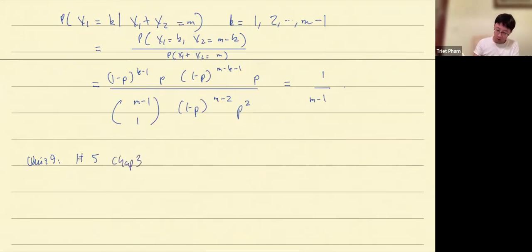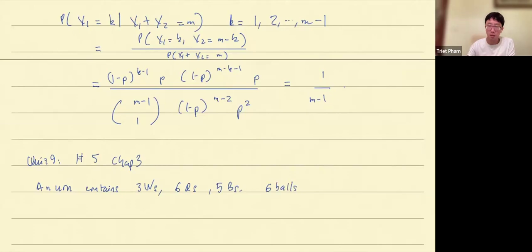It says an urn contains 3 whites, 6 reds, and 5 blacks. 6 of these balls are randomly selected from the urn, so it's a sample of size 6.